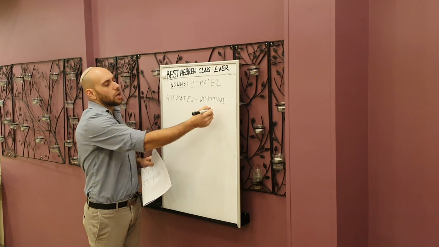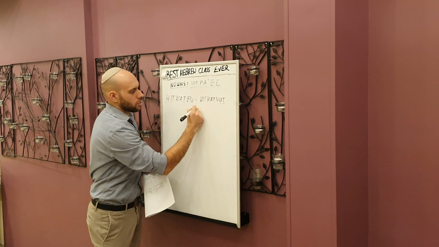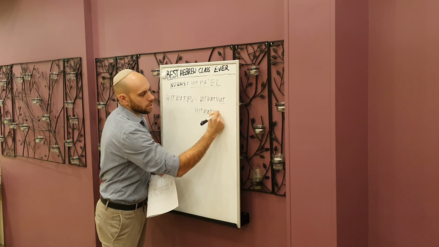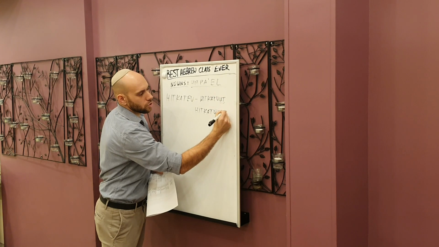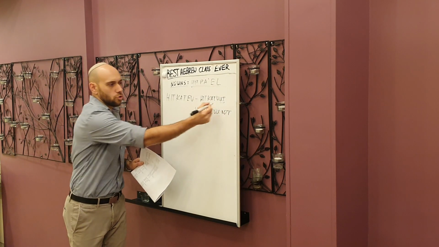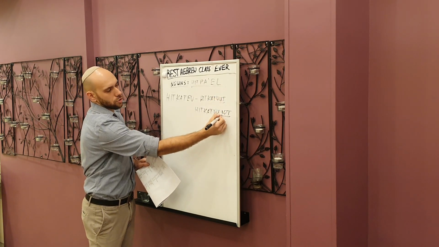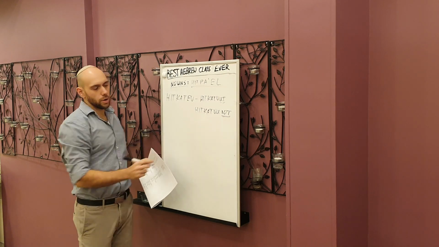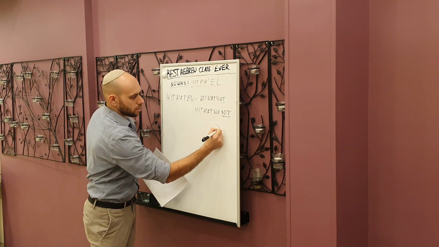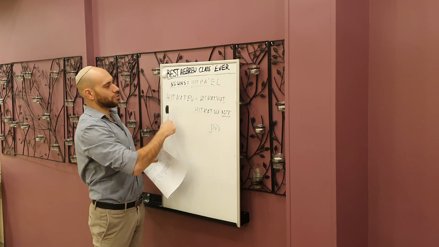So the plural of hit katvut would be hit katvuyot. You change ut to yot, or the tav to yod. That's the plural. Let me spell it in Hebrew. It is Hebrew class after all. I'm trying to make it easier for you guys to see it.